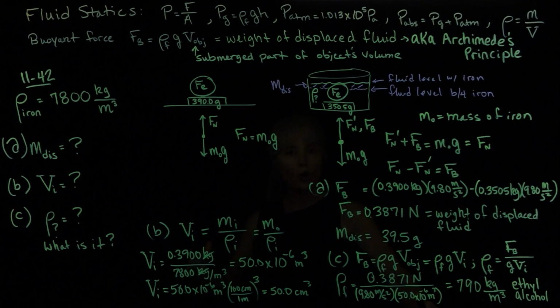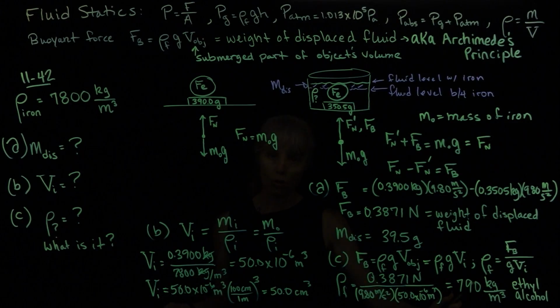And so when I go back and look at table 11.1, I find that that value is the value for ethyl alcohol. So this iron is being submerged in ethyl alcohol to experience a buoyant force of 0.3871 newtons and have a mass of the ethyl alcohol that had to get out of the way of 39.5 grams.